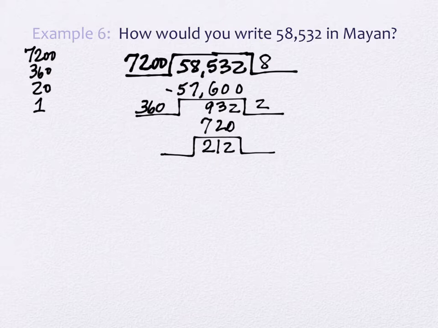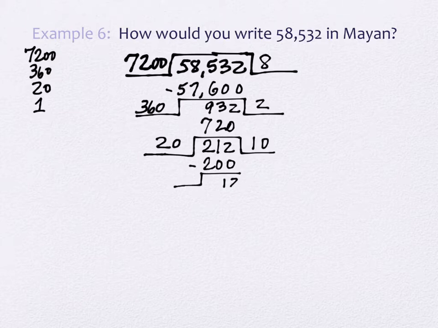What's my next value to divide by? It's 20. So how many times will 20 go into 212? 10. Yeah, you probably could see that one. So that's 200. And if I subtract, I have 12. And then my last step is always division by 1. 1 goes into 12 12 times to give me a 0 at the end.